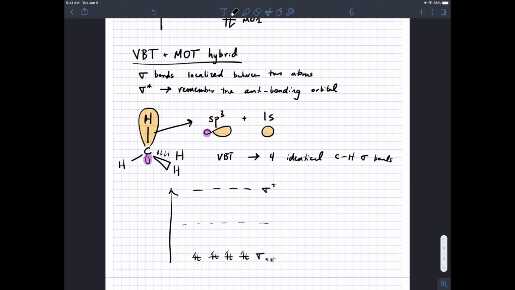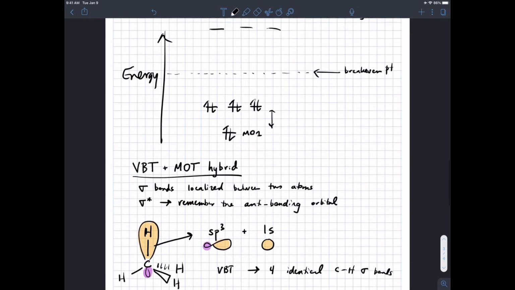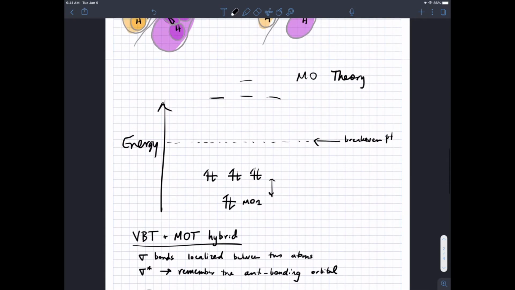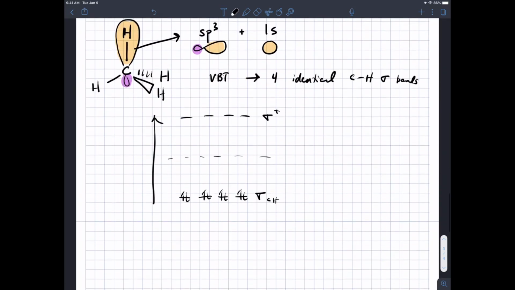So the difference between the two energy diagrams is this one is from MO theory exclusively, and this is our hybrid approach. It doesn't capture all the features of experiments, but it's useful enough and simple enough that it's what we'll stick with. Can you explain the molecular orbital theory energy diagram one more time?